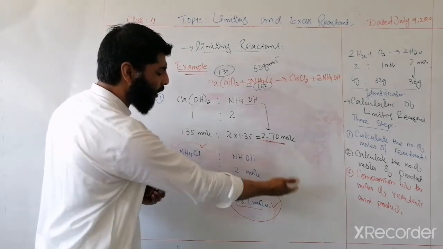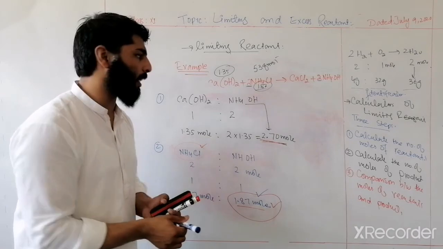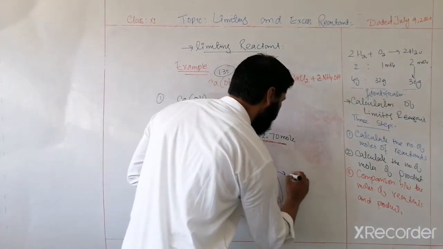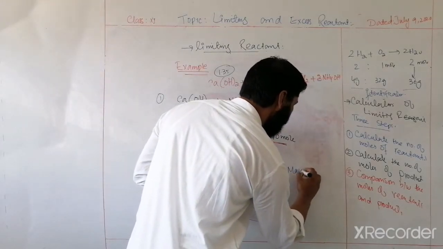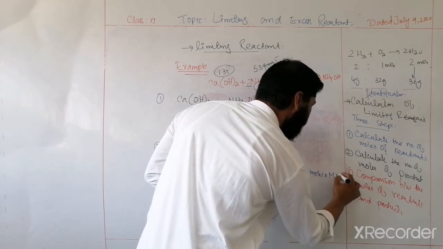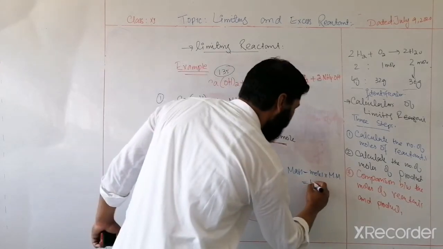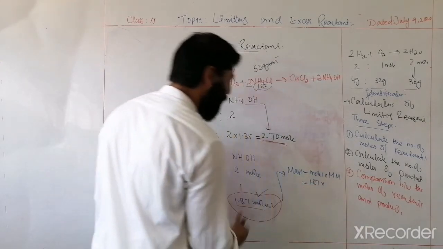You can convert it into mass by multiplying it with molar mass. How can you perform? Mass will be equal to moles multiplied by molar mass. Moles of ammonium hydroxide produced 1.87 multiplied by molar mass.